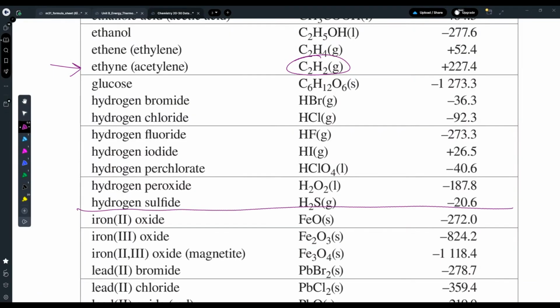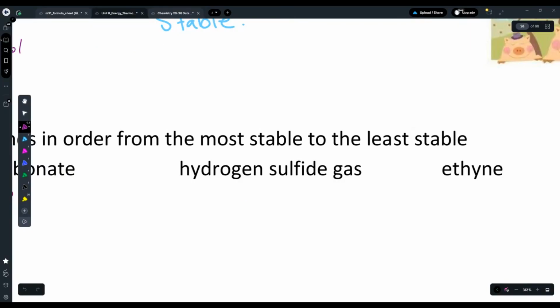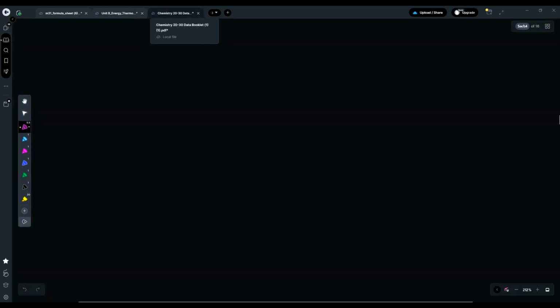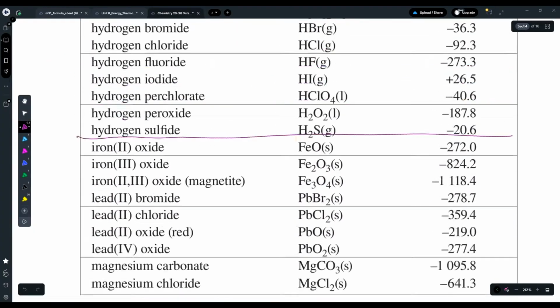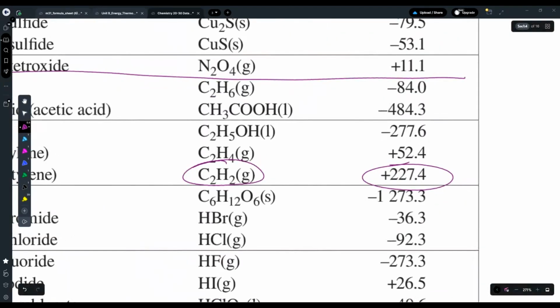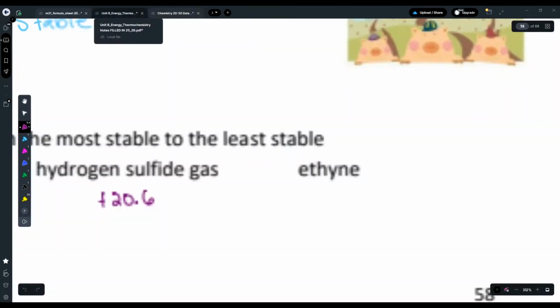Right there, so it's negative 20.6 for molar enthalpy of formation, so let's flip the sign. Positive 20.6. And then ethyne. So let's look that up. So that's going to be positive 227.4. So we've got to flip the sign.